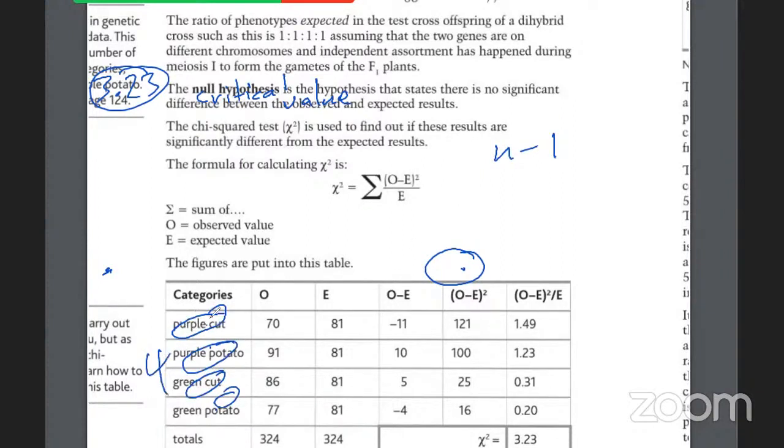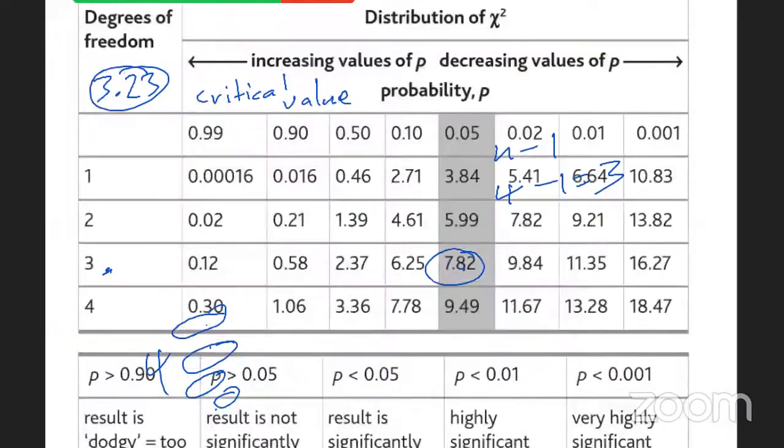Once you do a dihybrid cross, you're going to have 4 categories, and you take away 1 from it, which leaves you with 3. So the degree of freedom is 3. That is why you come to this row. And for biology, we are using 0.05. So look where the 0.05 and the degree of freedom meet. This value, yeah.